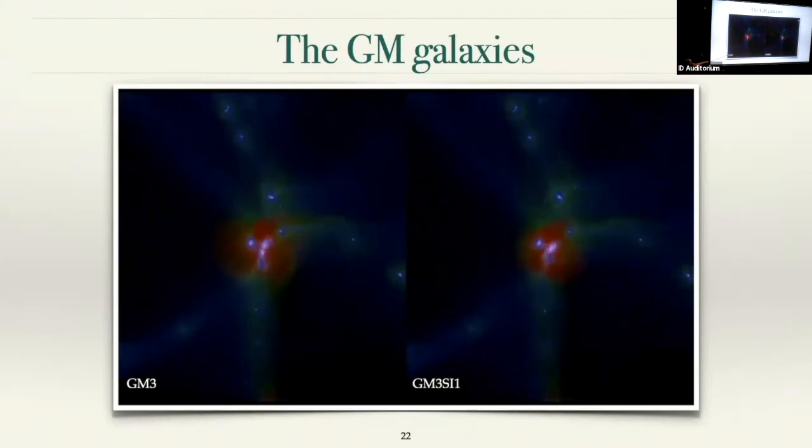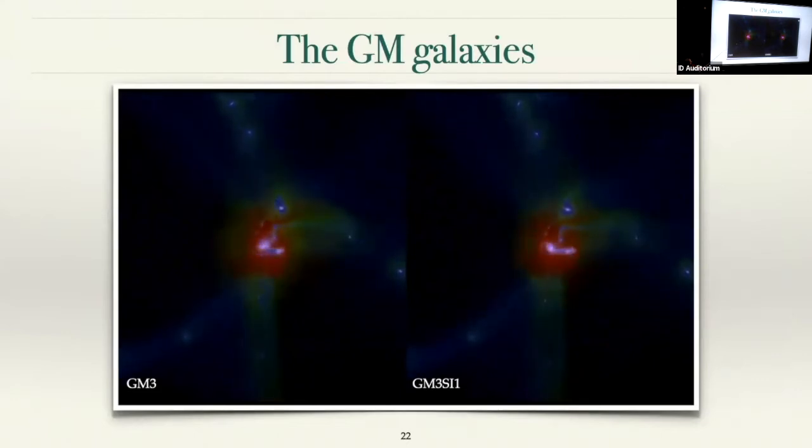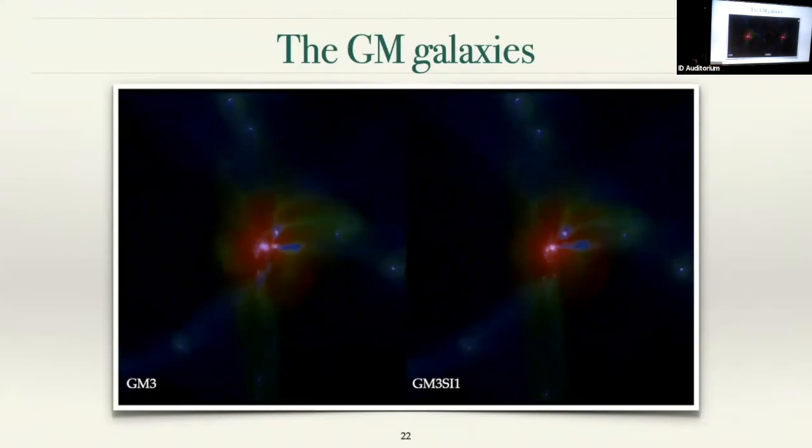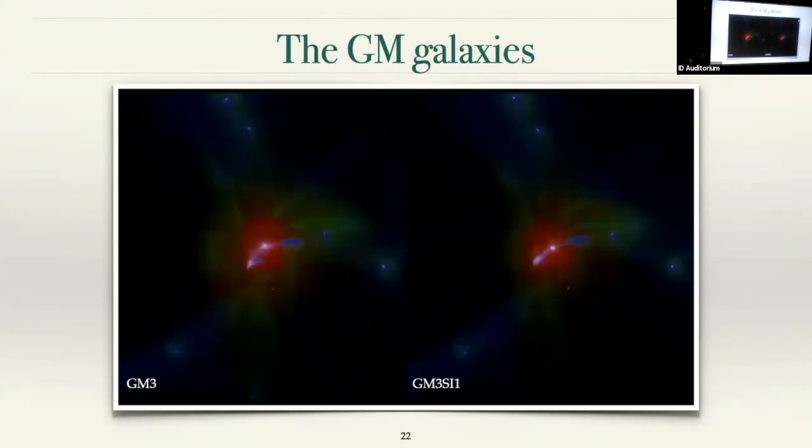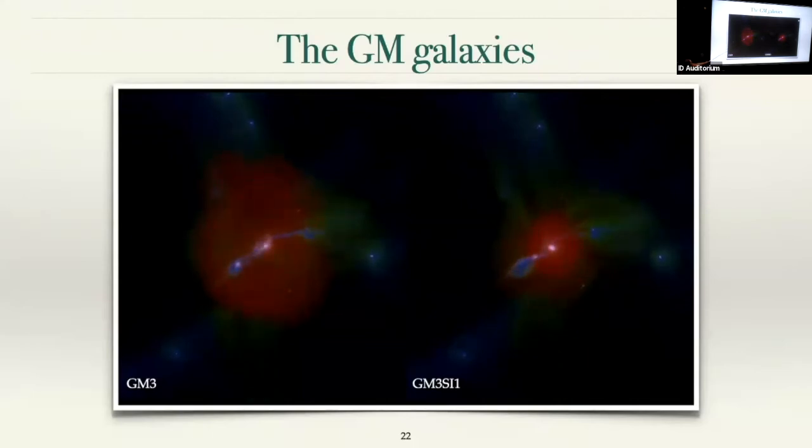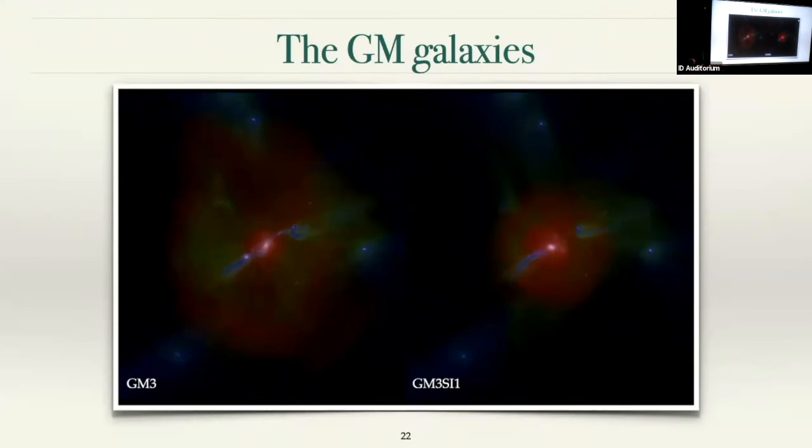What you notice throughout the course of the movie is that the feedback looks like it's stronger in the GM3 run compared to the GM3 run with SIDM. In particular, there's this very large event where you can really see this large difference. There's this really huge accretion event in this GM3 galaxy that you're not seeing in the GM3 SIDM run, or at least it's not as significant.